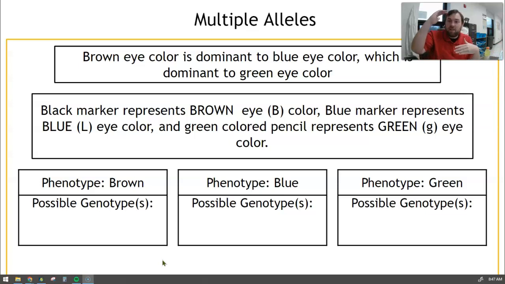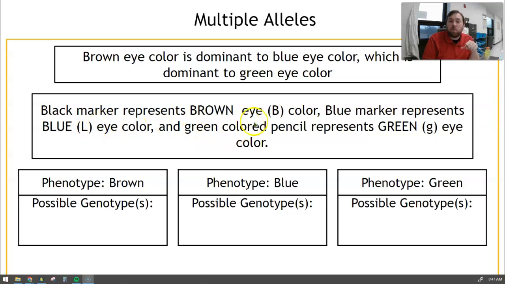It's almost like a scale, a ranking. And in this case, we will color the brown eye color with black markers, and we'll use a capital B for brown. We'll then color in the blue eye color phenotypes with blue marker, and we'll use a capital L for eye color.